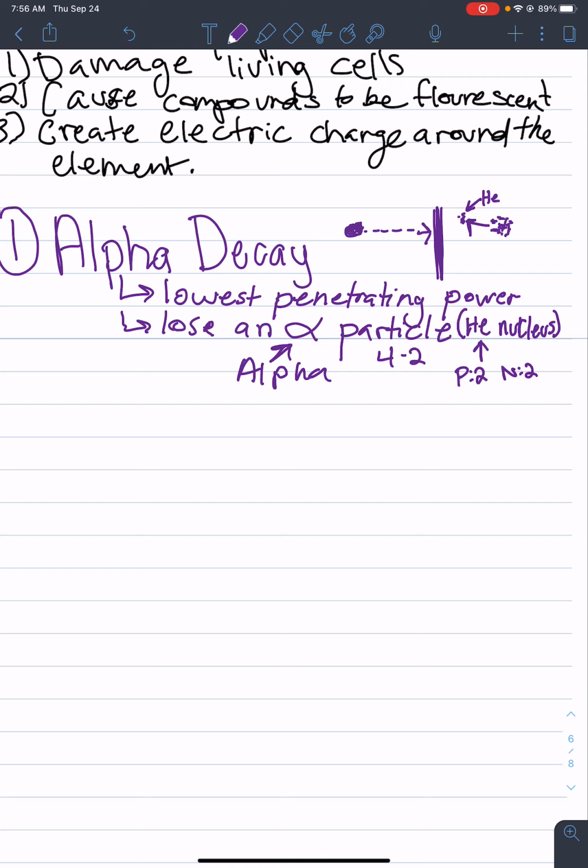So this helium nucleus is going to have 2 protons and 2 neutrons that are going to leave our original atom. So if it has just 2 protons and just 2 neutrons and no electrons, what is its charge going to be? So hopefully you're able to remember that protons have a positive charge, and so this helium nucleus is going to have a +2 charge.